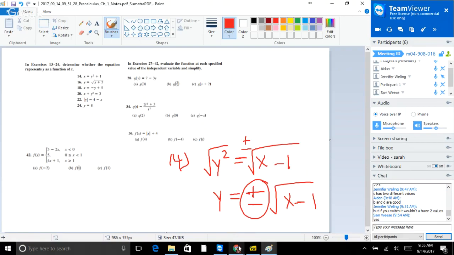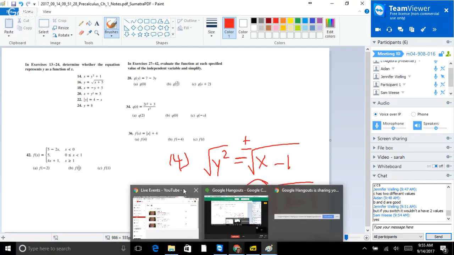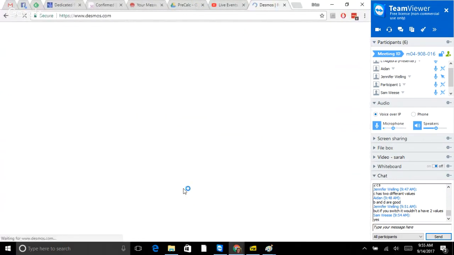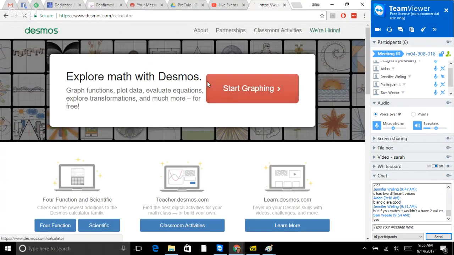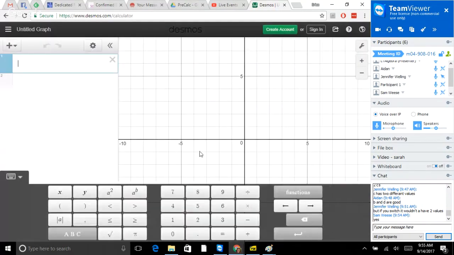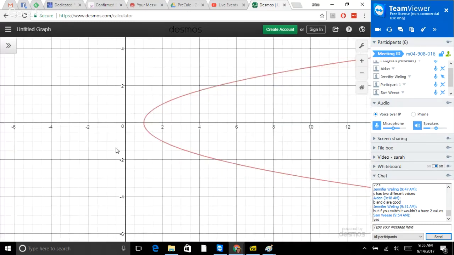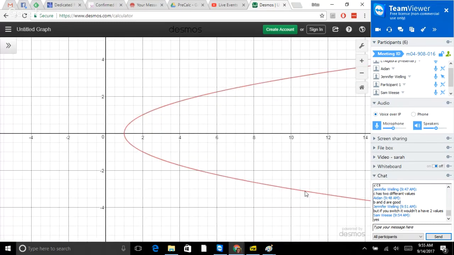So one of the things I want to show you super fast is, if I go to Desmos and graph my original equation, x equals y squared plus 1, what you see here is this nice, beautiful parabola.